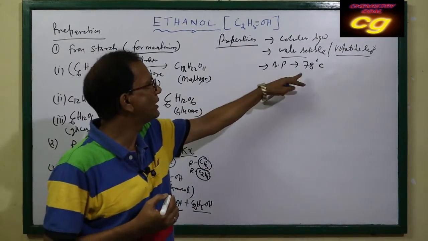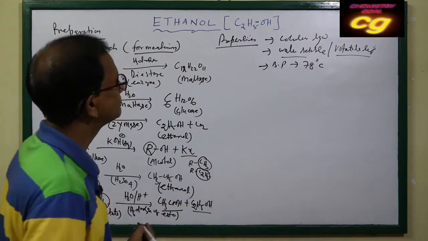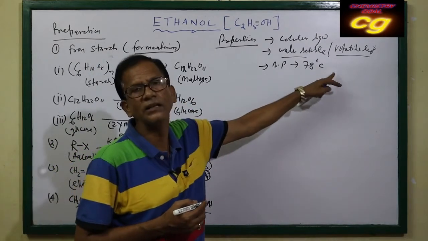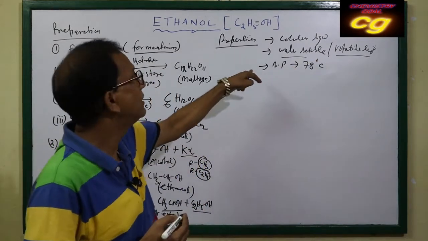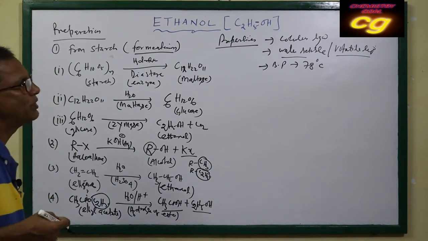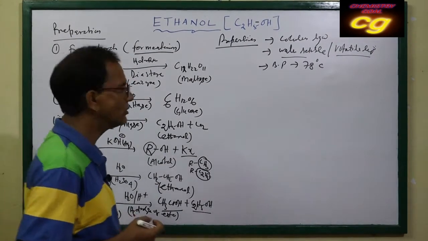It is a water soluble, colorless and volatile liquid, and it is highly combustible. So these are some important properties of alcohol, that is ethanol.